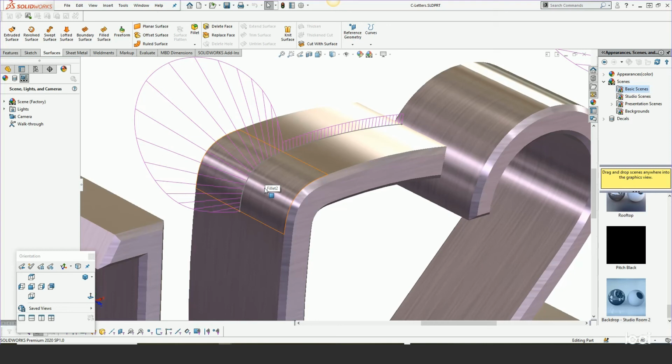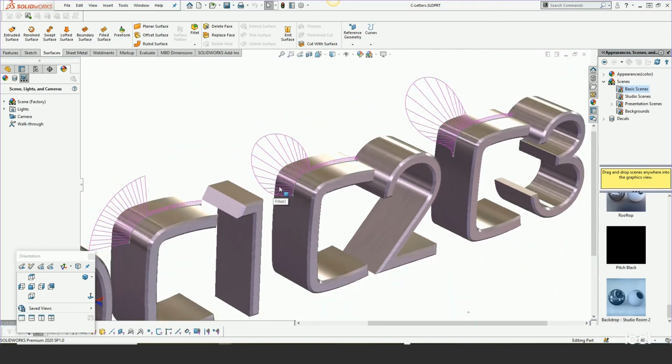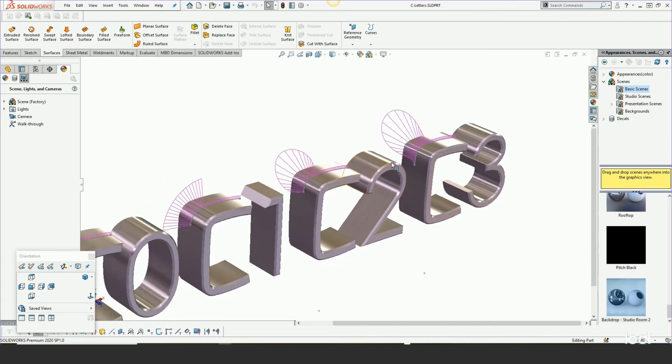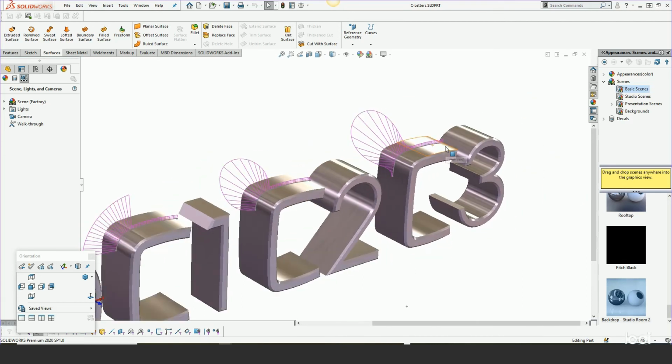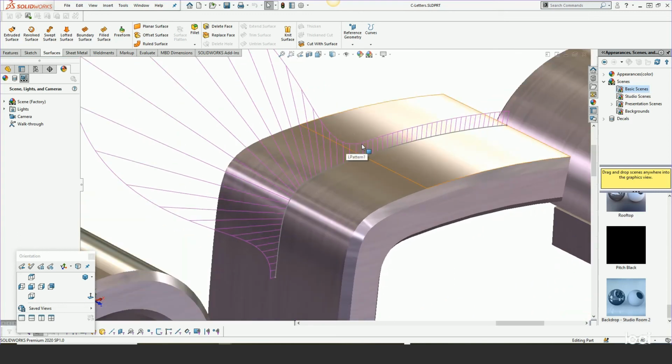Now, things get really interesting when you move above C2 to C3 or higher. What C3 means is that you have equal curvature, but also a gradual transition of that curvature as it crosses over the boundary between the two faces.